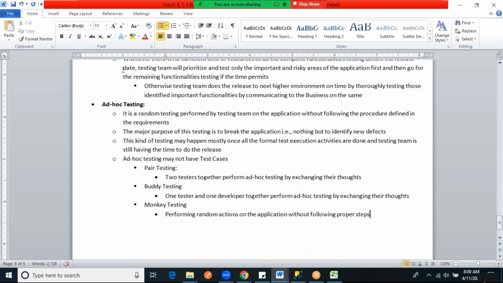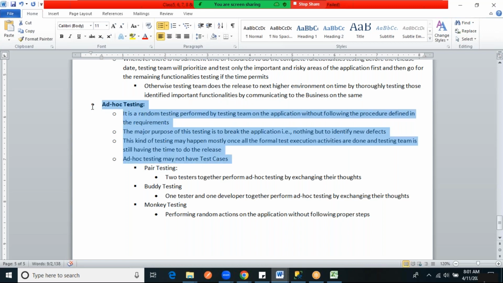Okay, so these are all different ways, but this pair testing or pair programming are words you will hear in real time. So don't consider it separately when you hear it. Your lead may say, can you please pair up with Ashwin and do the testing? That is nothing but pair testing. Don't consider at that time that it is ad hoc testing. No, it is a big or complex functionality.